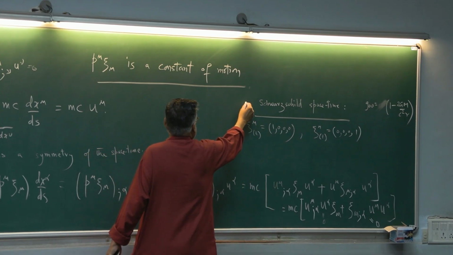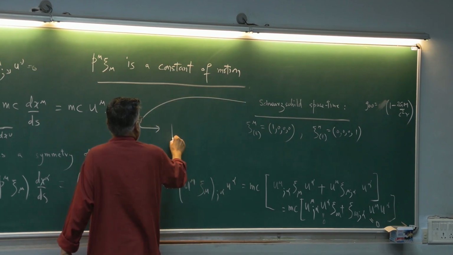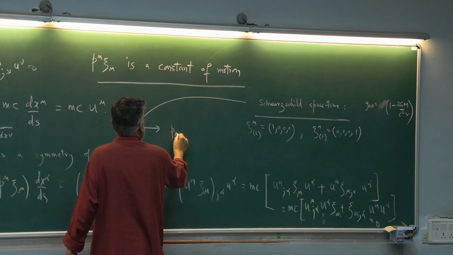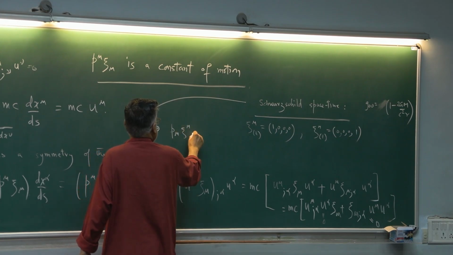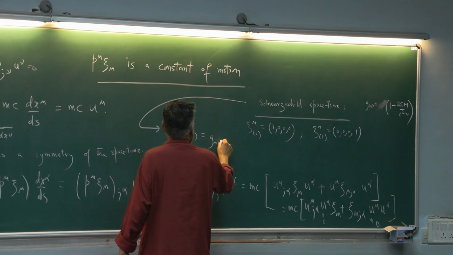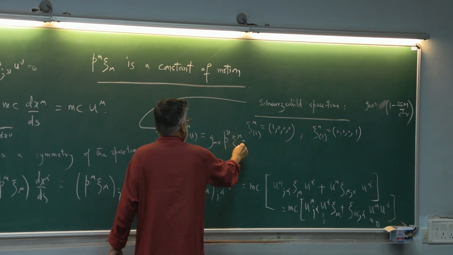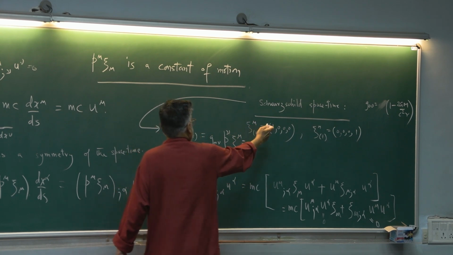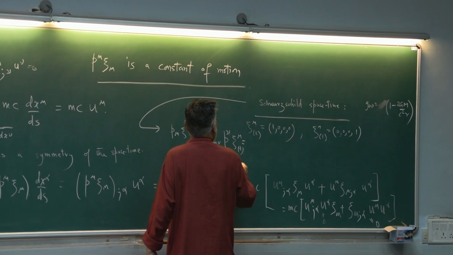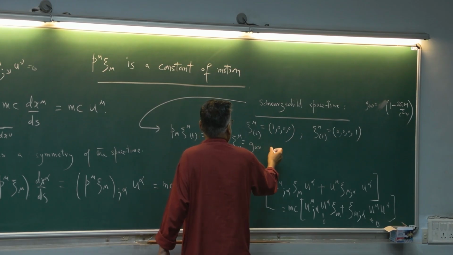for the Schwarzschild space-time, this quantity P mu xi mu t, which is nothing but g mu nu P nu xi mu, and because xi mu t has only the 0 component non-zero, this is nothing but g0 nu P nu.